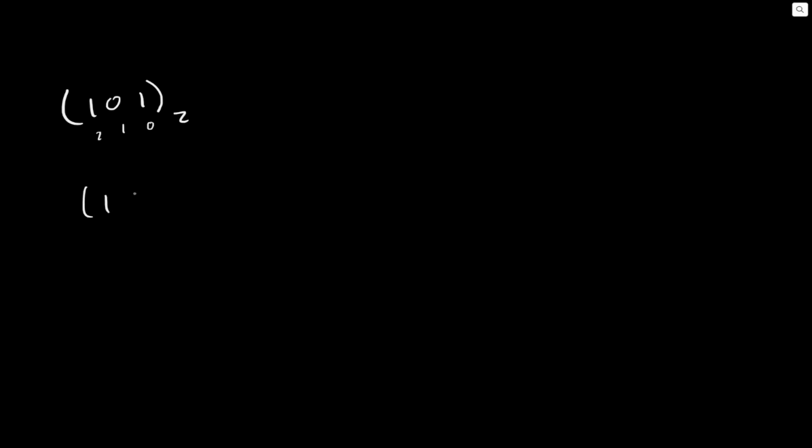So we have 1 times 2 squared plus 0 times 2 to the 1 plus 1 times 2 to the 0.